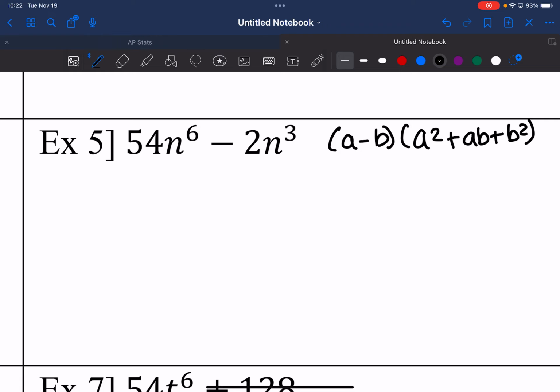Before we try to find these cube roots, can we take out a GCF? Yes. What is our GCF? 2 and 2 cubed. Correct, 2n cubed, which means we're left with 3. What's 54 divided by 2?